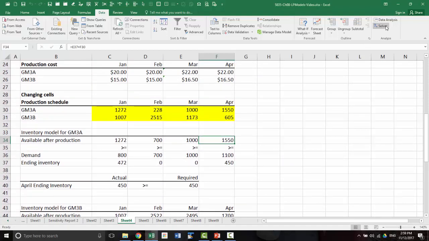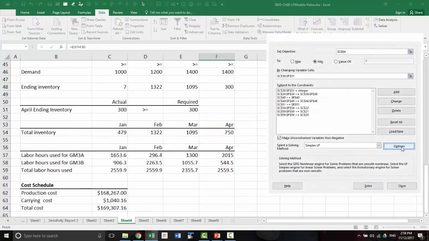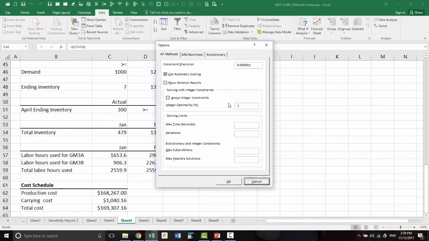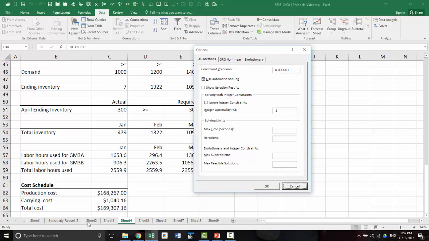This is where our options will be important. So here the integer optimality is set at 1%, which means for the answer that we got here, the total cost, we can only be sure that this is within 1% of the lowest possible cost, which may be good enough because we want to be able to get an answer. In large problems, if you set this to 0, it may take forever to solve, hours and hours.